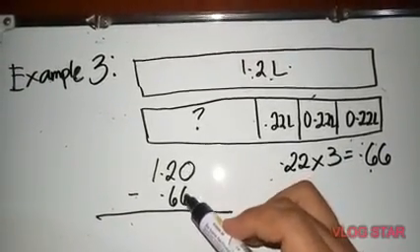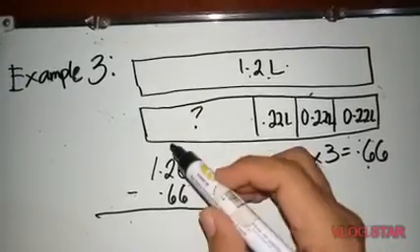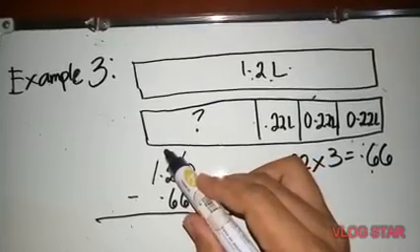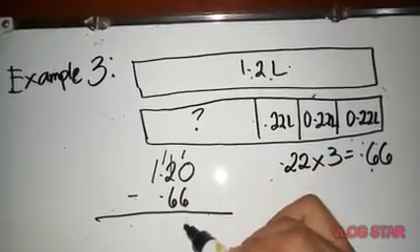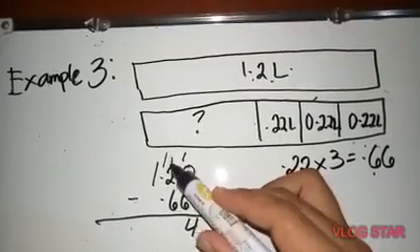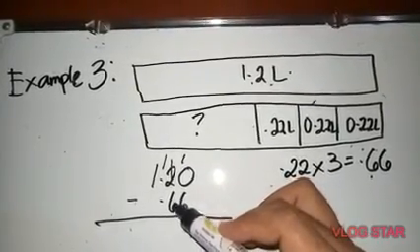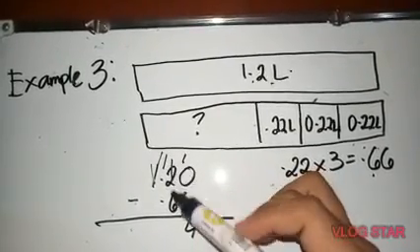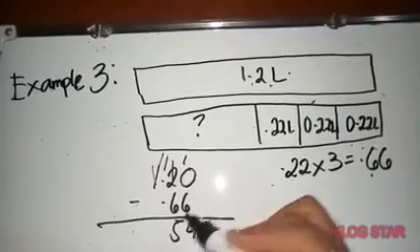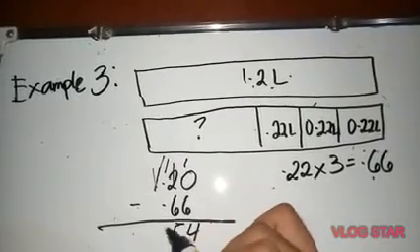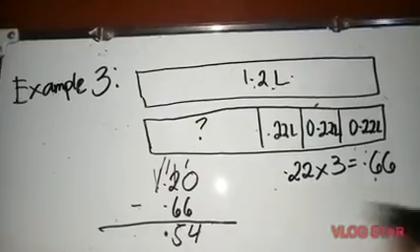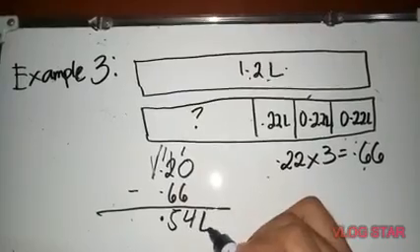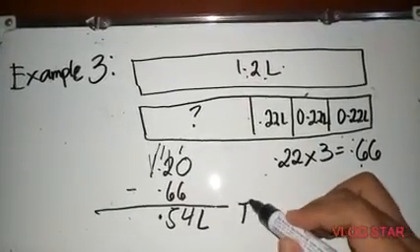So 0 minus 6 cannot be, so we need to borrow from 2. So 10, then this will become 1. So 10 minus 6 is 4. Then 1 minus 6 cannot be, so just borrow 1 here. So 11 minus 6 is 5. Then the decimal point. So 0.54 liters.